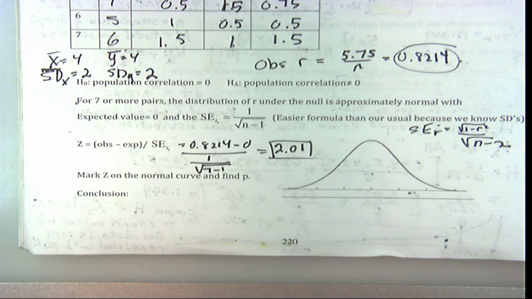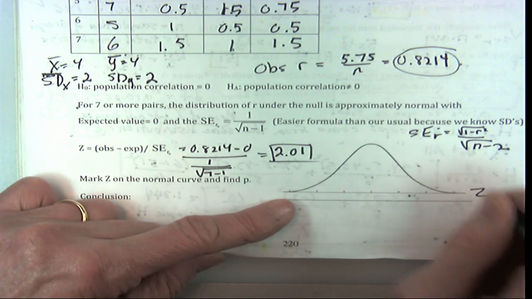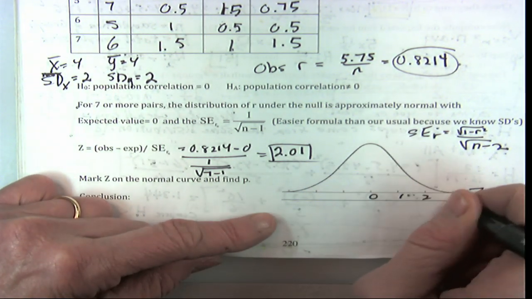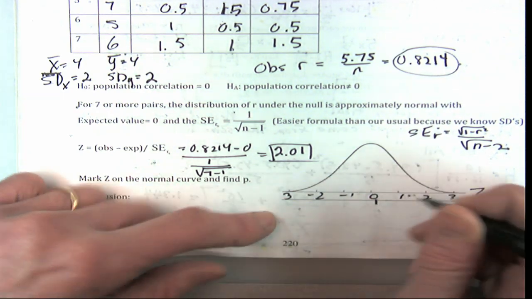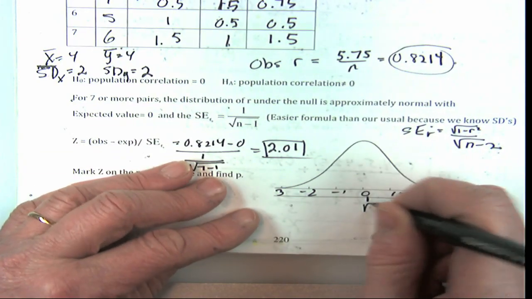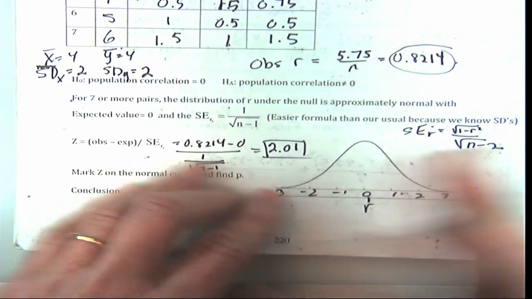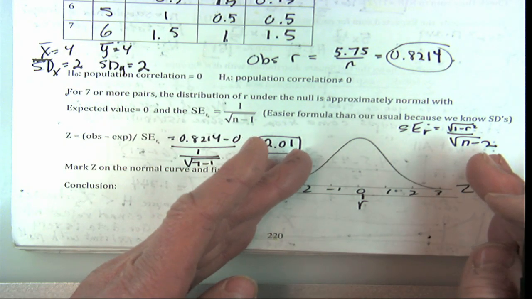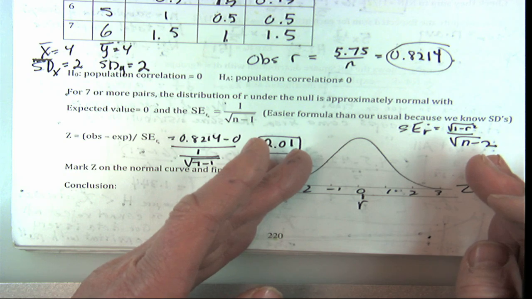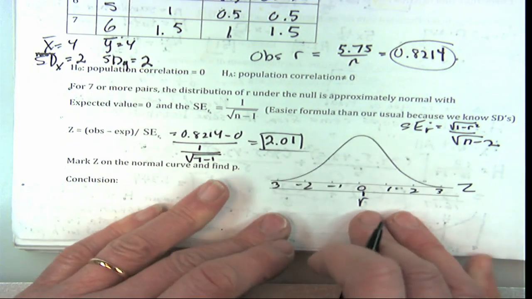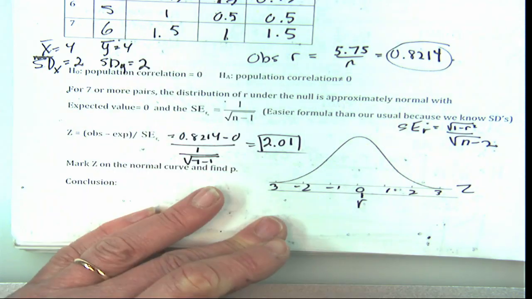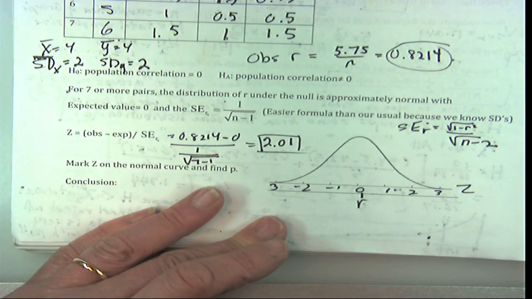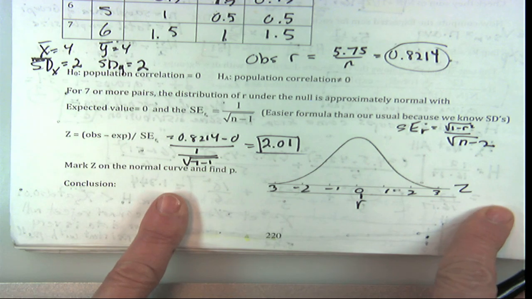Then as a z, we know 0, 1, 2, 3, -1, -2, and -3. Now r is bounded at 1 and -1, so it's not usually appropriate to do this, but in this circumstance, with these well-defined integers, I know it's not going to go all the way out there.